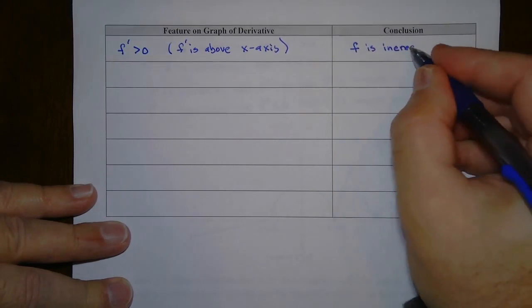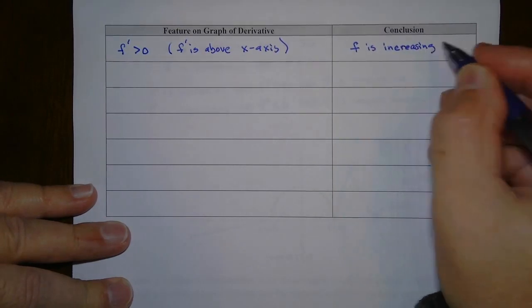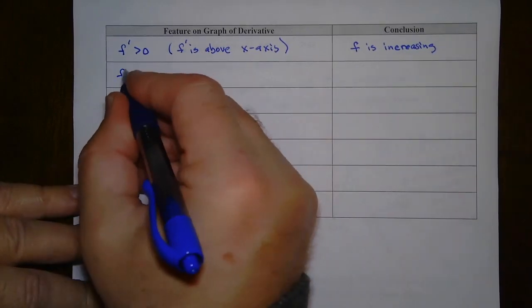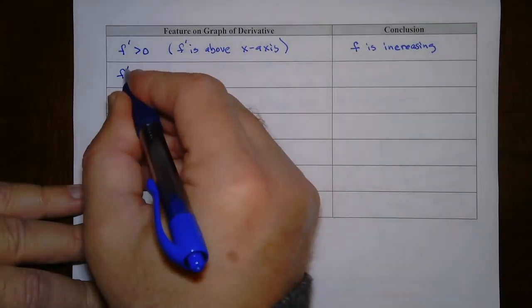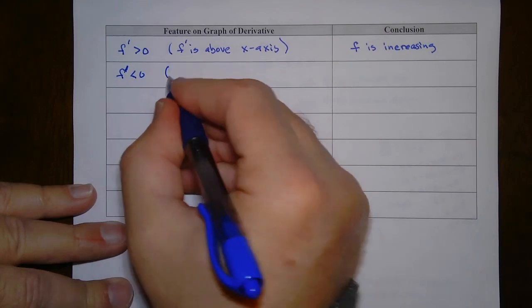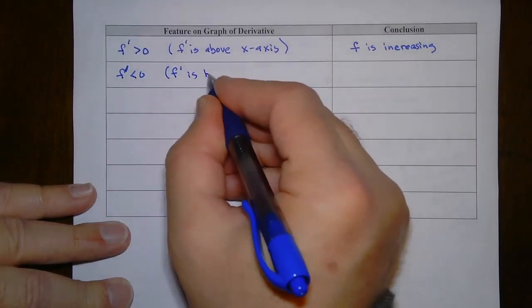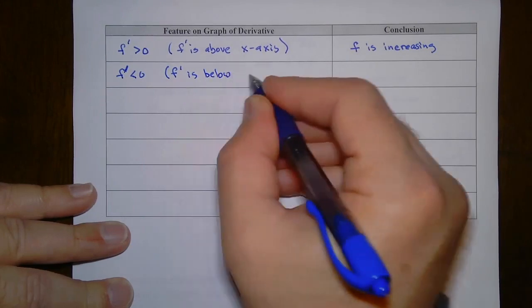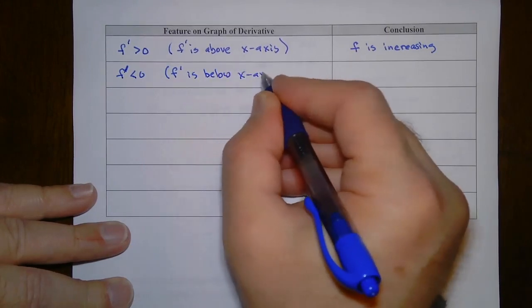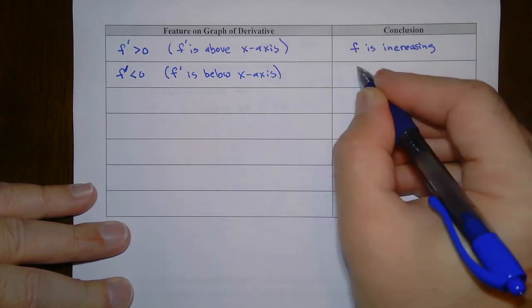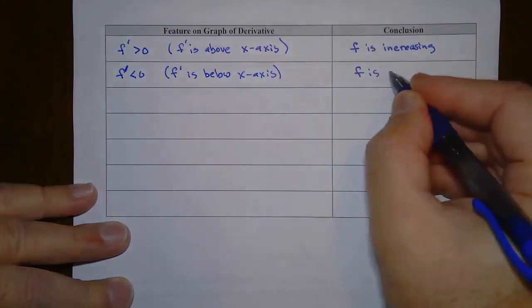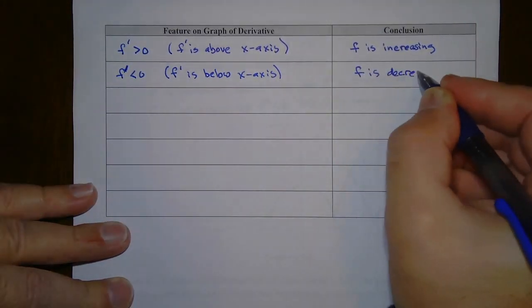If f prime is less than 0, that would mean from the graph f prime is below the x-axis, and that would tell us that f is decreasing.